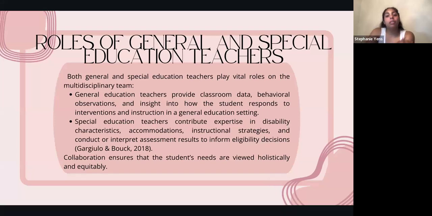Roles of general and special education teachers. So both the general and special education teachers play vital roles. The role of the general education teacher is to provide classroom data, observations on behavior, and insight on how the student responds to interventions and instruction in general education settings. So, are the interventions making a difference in the student's behavior and in their academic output?